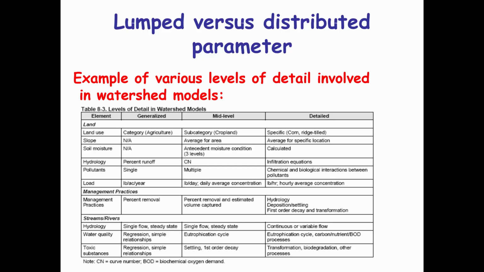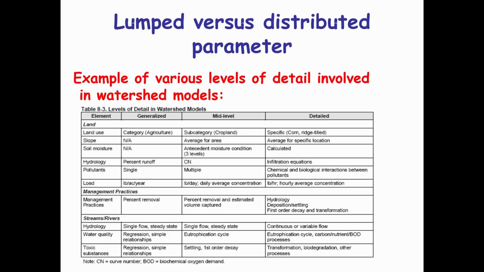And here, the scale or the detail of the operation is given as columns, where the type of process is the first column, and then the scale at which it's looked at is given as the second, third, and fourth column, for the case of generalized versus mid-level versus detailed representation.